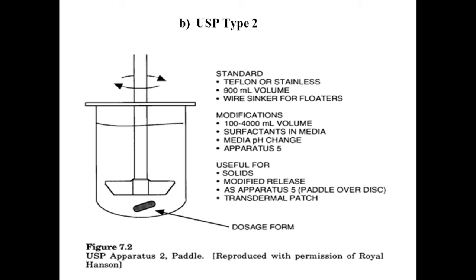The USP specifies to place the dosage form in the apparatus and immediately operate at a specified speed.